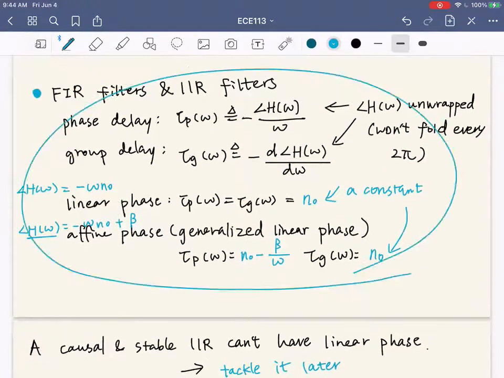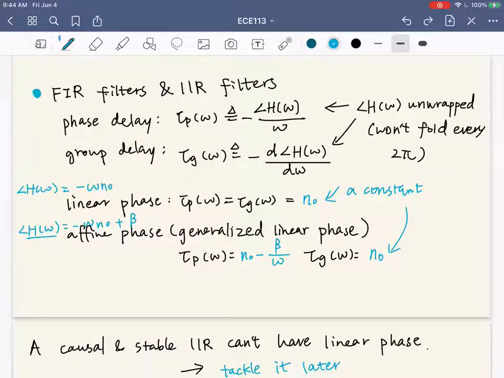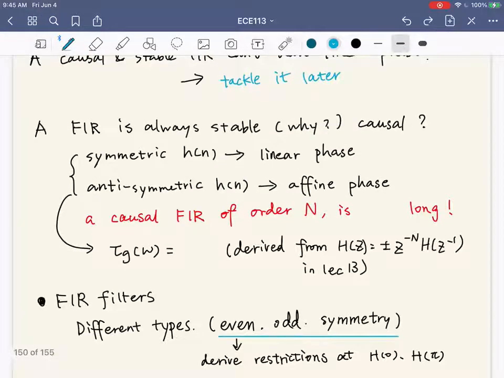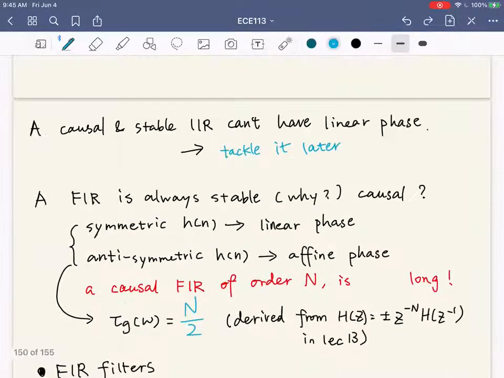So as we discussed before, all these terms can be applied to any filters, or you could say any system, okay? Because they're basically concepts. But remember, we have a conclusion that the group delay equals n/2. This conclusion is only for FIR. Why? Because a causal and stable IIR can never have linear phase.